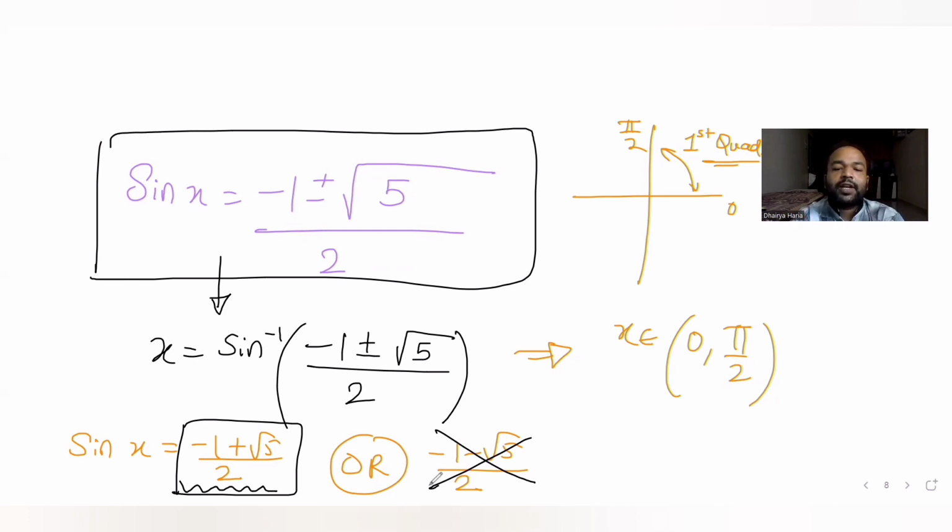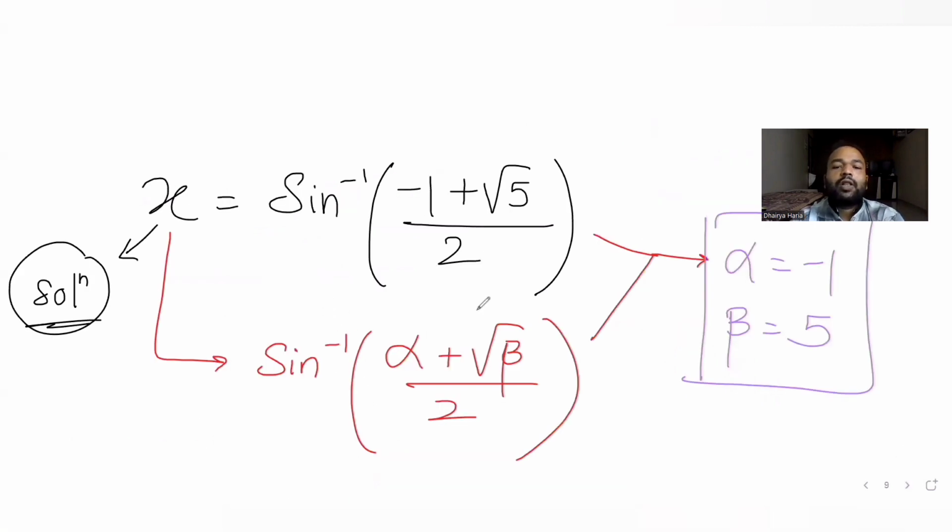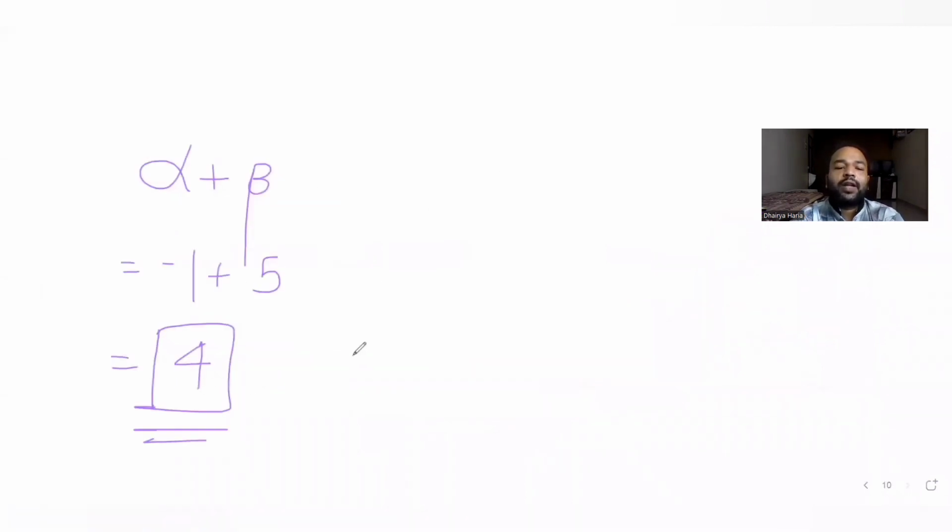So we rejected the negative value for sine x. With that, we got a positive value for sine x. Further, we solved that and compared the solution we got for x with sine inverse of alpha plus root beta by 2, that gave us alpha as -1, beta as 5. Then we just took the sum of them and we got the answer as 4. That matches with option C. So C is the correct answer for the question given to us.